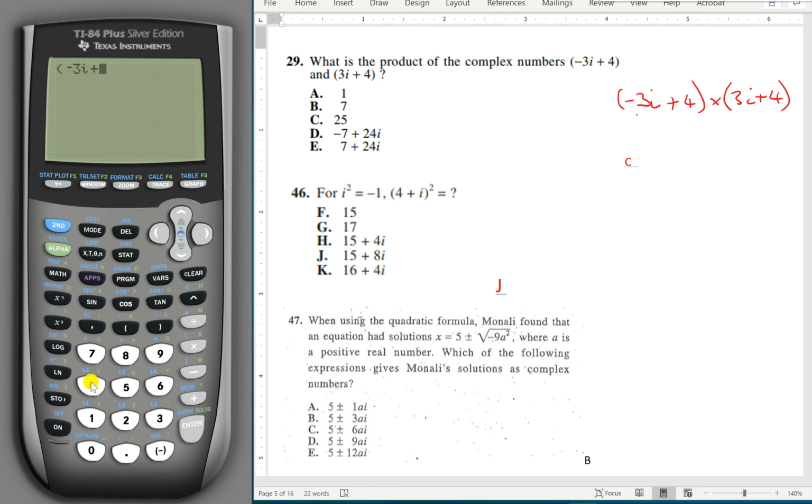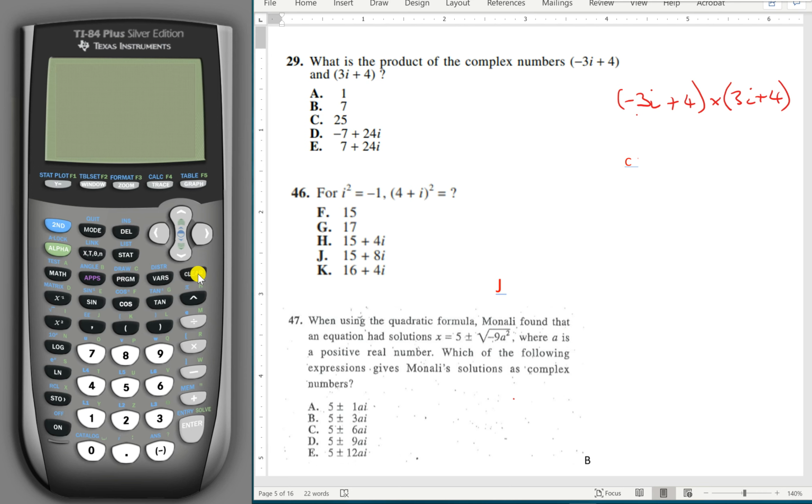Plus 4, close parentheses, we want the product, so that means it's multiplied, times, open the parentheses, I now just have 3, second, decimal point, that gives me the i, and it's plus 4. Last thing, close the parentheses, and we're looking for 29 as C, so we're looking for the answer of 25. And we got that. Okay, clear that out.